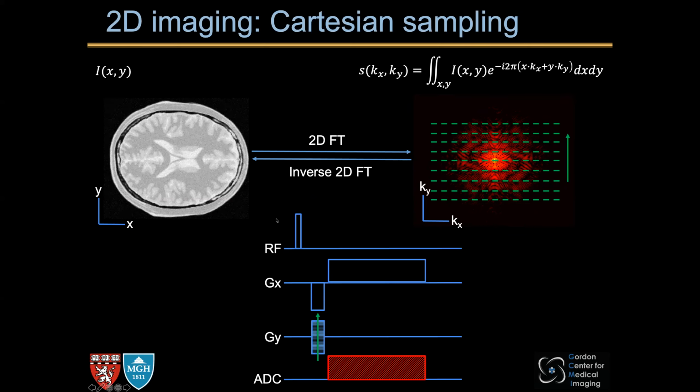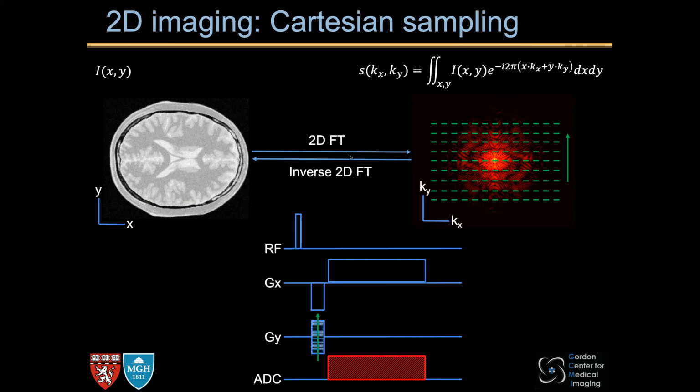More specifically, after the signal excitation, we apply a short gradient pulse in the y direction so that we encode the spatial information along the y-axis into the phase information of the received signal. After that, we apply a constant gradient in the x-axis so that for the signals acquired while this gradient is turned on, the spatial information along the x-axis is encoded into the frequency information of the received signal.